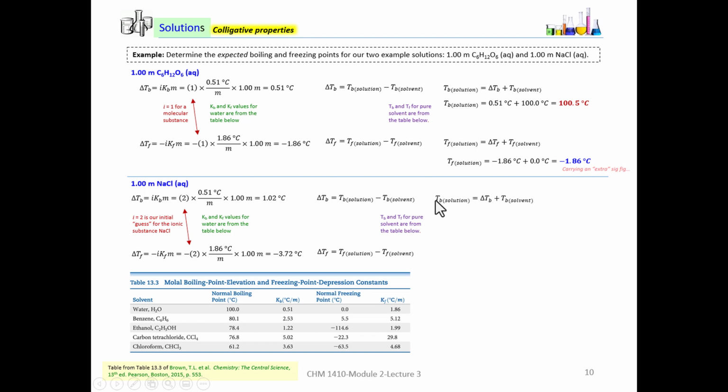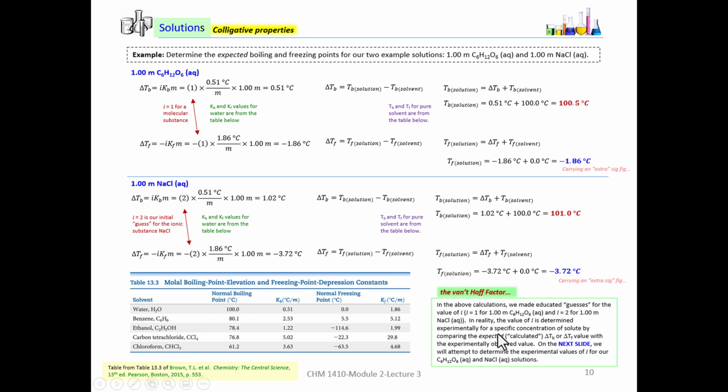So solving for the boiling point of the solution, we would get around 101 degrees C. For the freezing point of the solution, around minus 3.72 degrees C, again carrying an extra significant figure here for now. So the sodium chloride solution, which has the same molal concentration as a glucose solution, you can see has a bigger impact on the freezing point and the boiling point. I guess I said that backwards. Boiling point and freezing point.